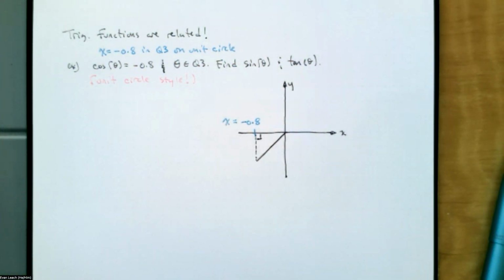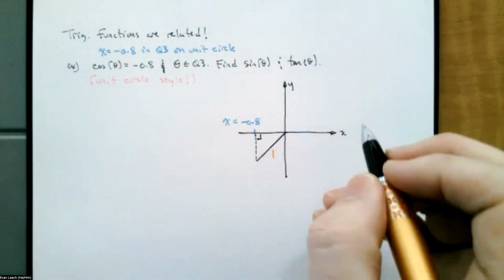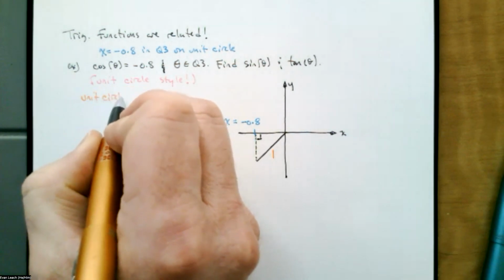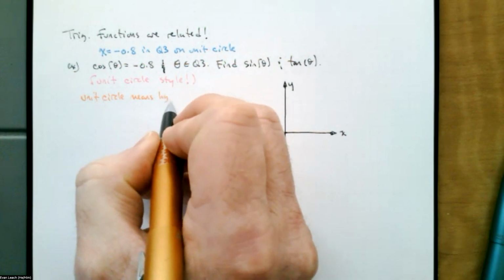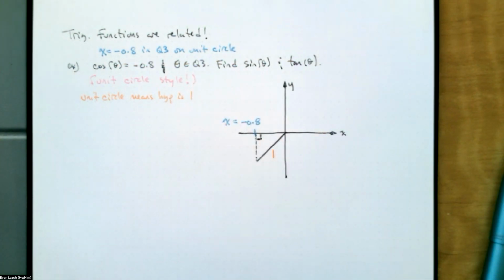On the unit circle, the hypotenuse is 1. The radius of the unit circle is 1. That's where the hypotenuse is going to go.